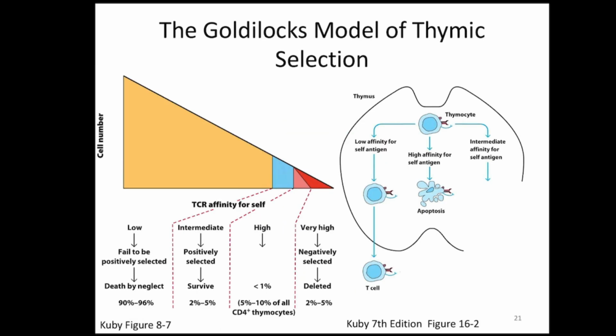So we've got our developing T cell. Let's imagine our developing T cell gets a really, really strong signal. It's in the thymus. It binds to something. It's like, this is the best. I get so much signal from this.